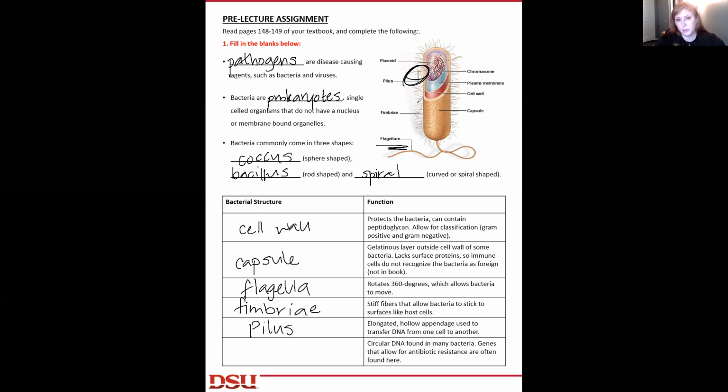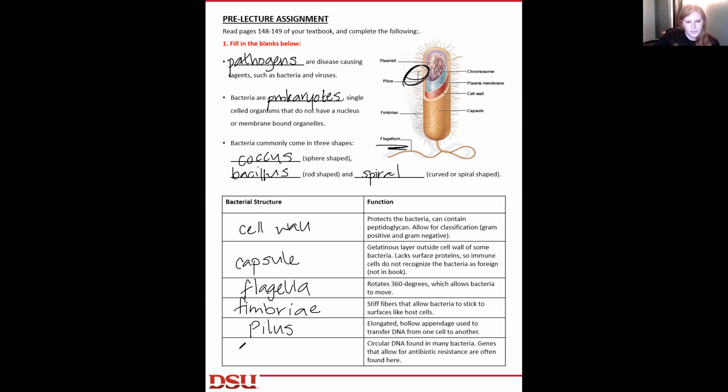Bacteria don't do sexual reproduction, but they are able to transfer genetic information between individual bacteria, which is important because when we talk about bacteria becoming resistant to antibiotics, this kind of immunity develops from bacteria sharing their DNA, which would include resistance to some of these antibiotics. And they share that by exchanging that information through the pilus.